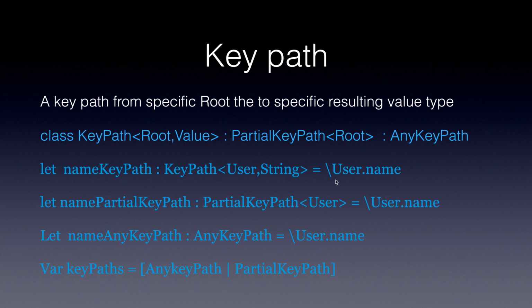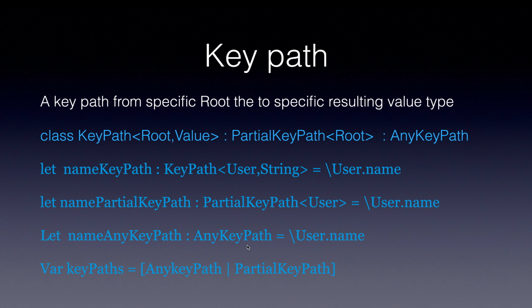So the key path for the name property in User can be assigned to nameKeyPath. The type of the key path can be a child class, that is KeyPath, or a PartialKeyPath, that is a superclass instance, and the superclass of that PartialKeyPath is AnyKeyPath.